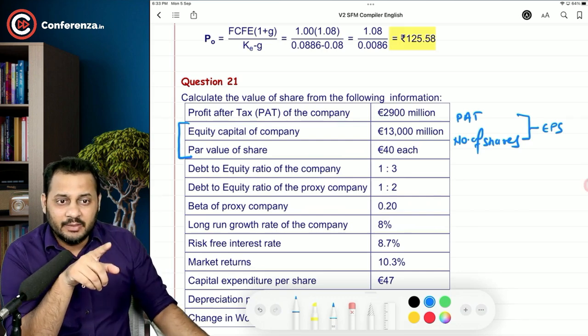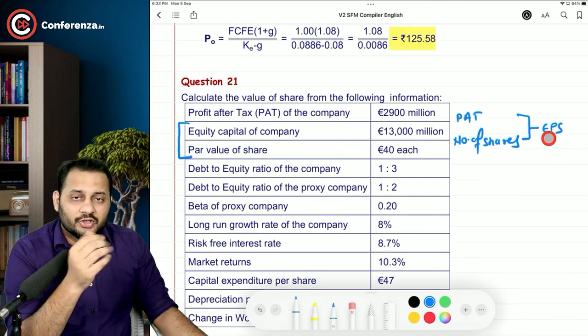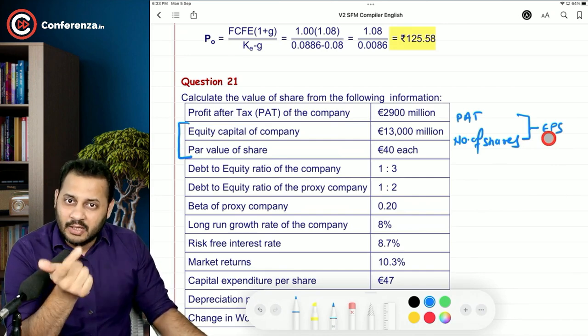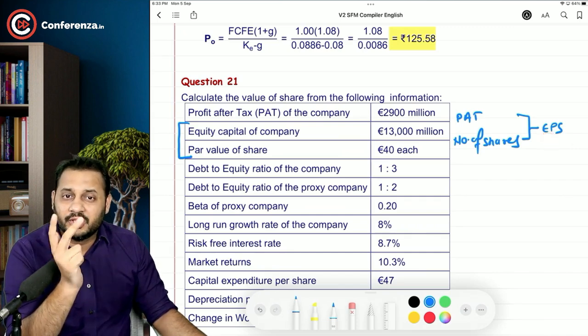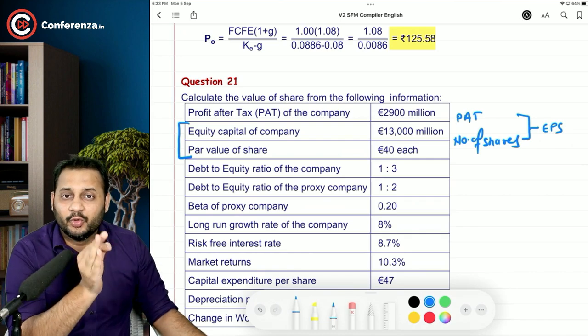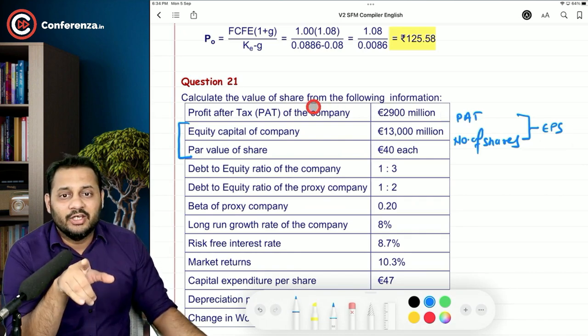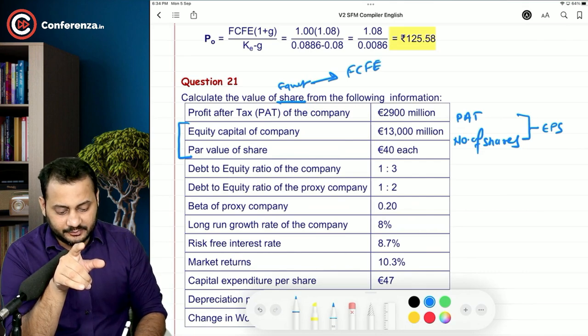Since this EPS is per share, the depreciation that you are going to add back will also be per share, capital expenditure per share, working capital per share, in order to convert it into free cash flow to equity. Why equity, not the firm? Because value of the share means equity share, and we need FCFE for that.